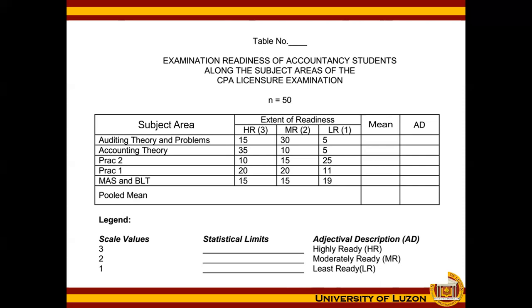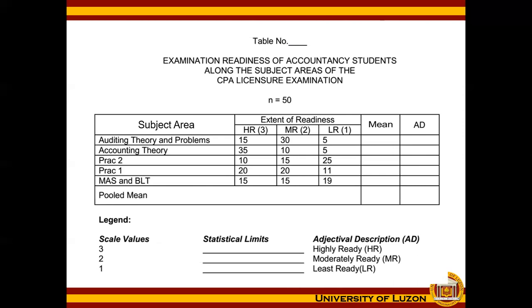And then we have the subject area, extent of readiness, which are categorized into HR, MR, and LR, which means highly ready, moderately ready, and least ready, respectively. And then we have mean and AD, adjectival description, all part of the heading. And then we now have the stubs.